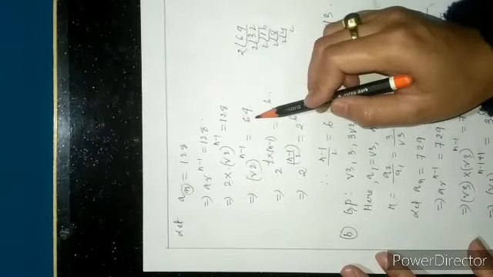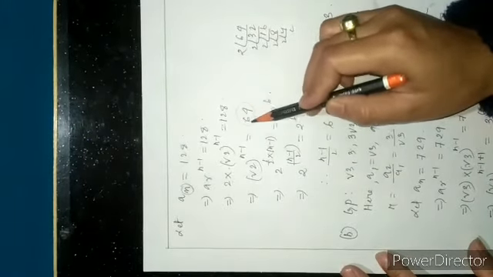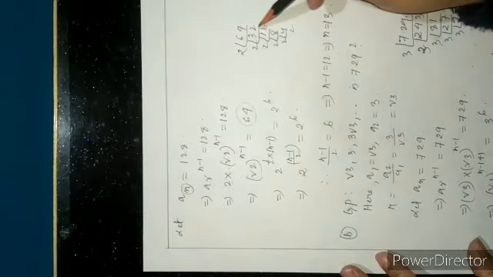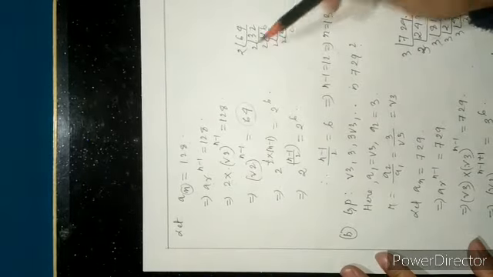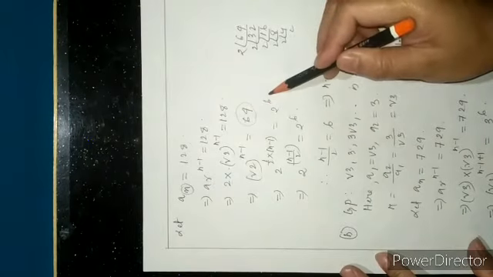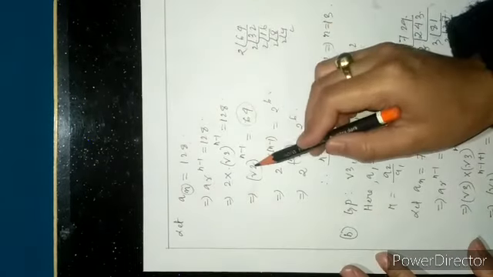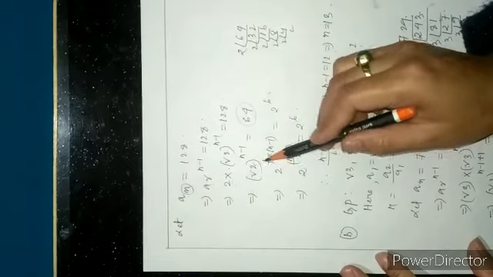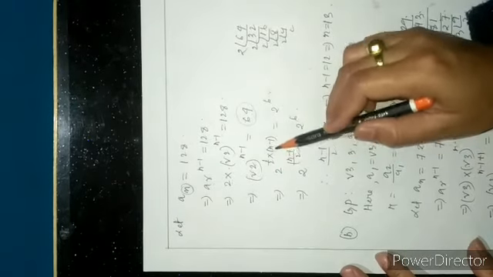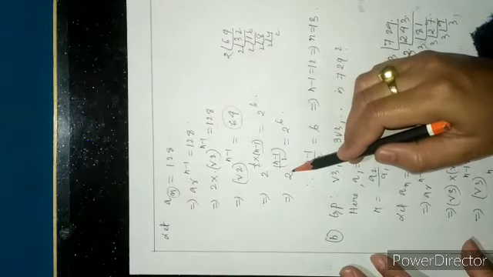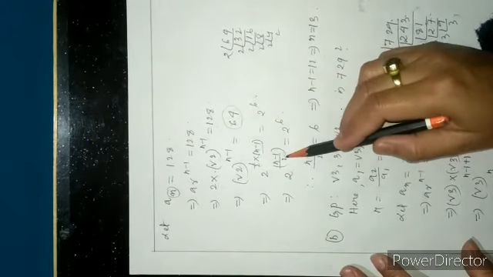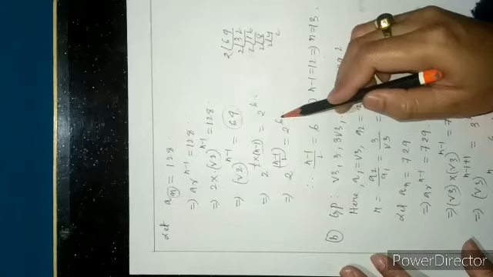That is 64. Then find the prime factorization of 64: 2, 4, 8, 16, 32, 64, which can be expressed as 2 to the power 6. Then root 2 can be written as 2 to the power 1 by 2, multiplied by n minus 1. The product of this expression is 2 to the power n minus 1 by 2, which is equal to 2 to the power 6.